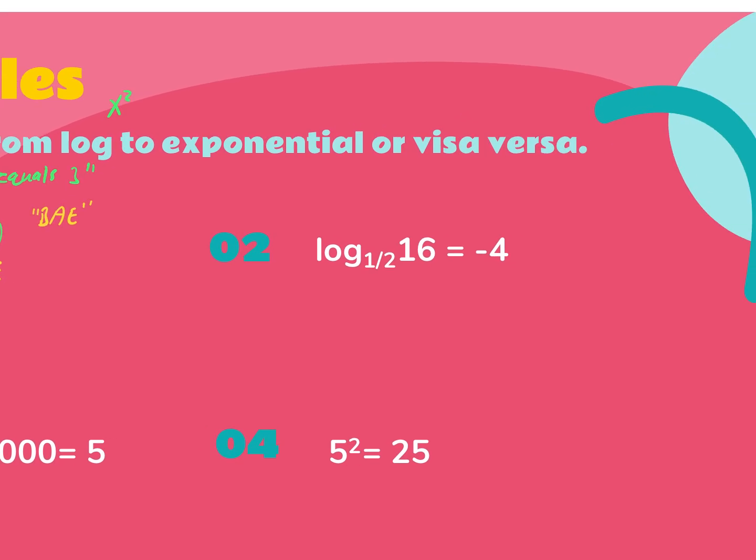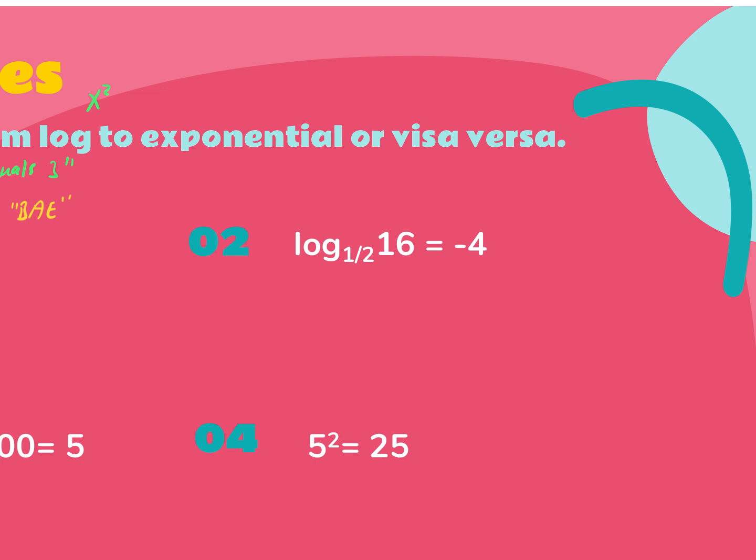So if you look at number 2, what's your base here? It's 1/2, right? So you read this as log base 1/2 of 16 is -4. I like to circle the base. I know that I'm going to raise 1/2 to some exponent, and that exponent is just going to be whatever you get when you loop around. So 1/2 to the power of -4 is going to get you 16, and you can verify that this is true.